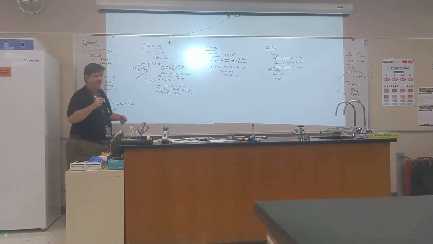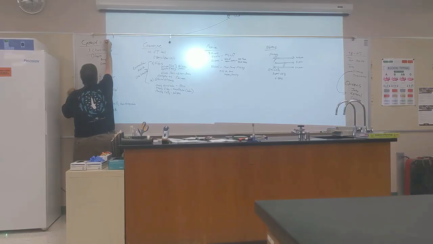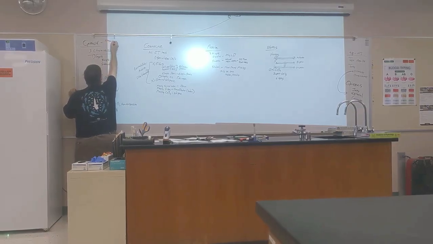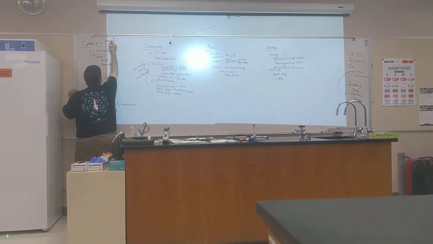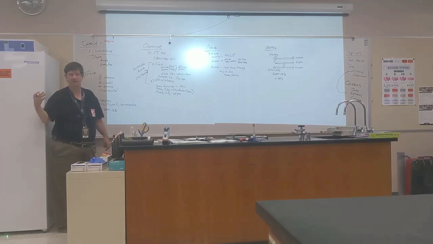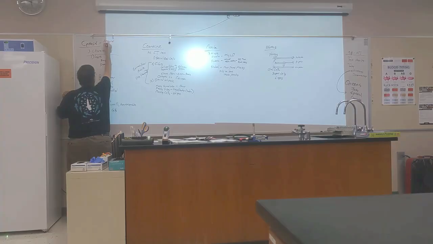You with me? Epithelial tissue, I'm going to use the nerd words here, but it is avascular. That's a U, I promise. Avascular, which means without blood vessels. It's avascular and innervated.